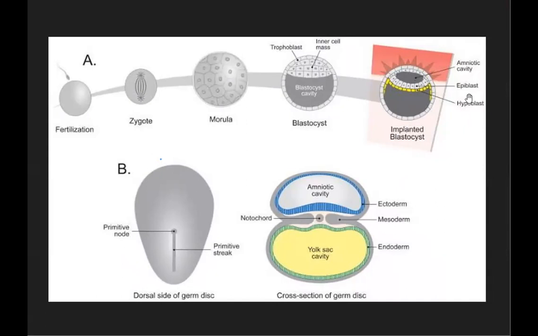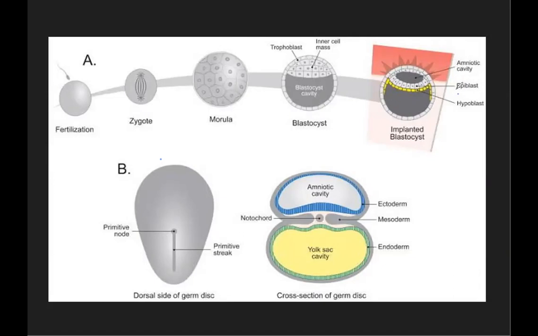So first of all, it is a two-layer germ disc, which is called an epiblast and a hypoblast. The cavity above this epiblast is called the amniotic cavity, and the cavity below the hypoblast is called the yolk sac cavity.